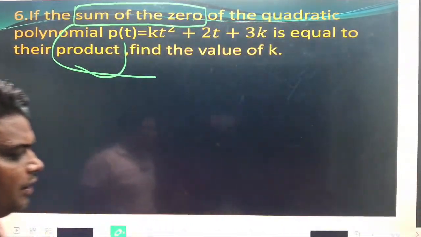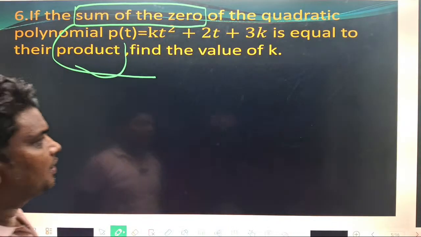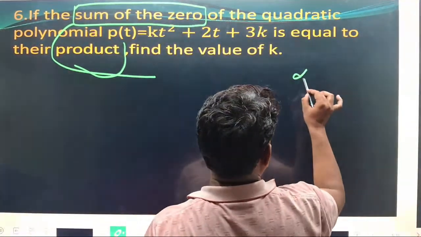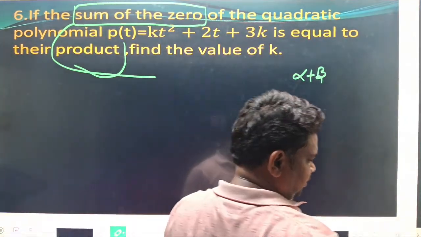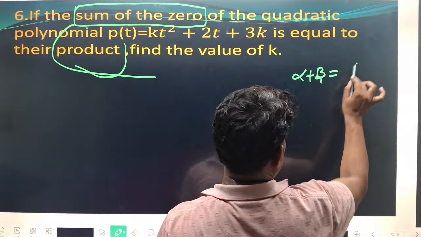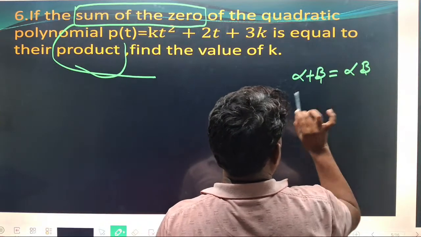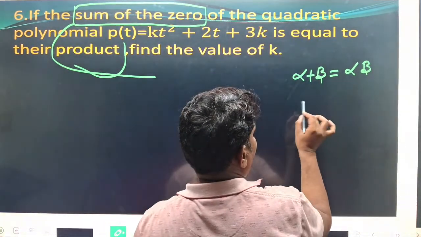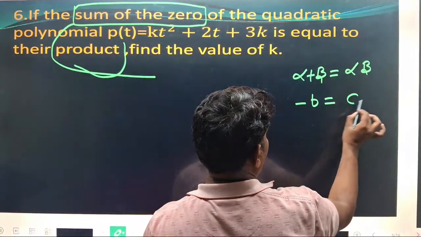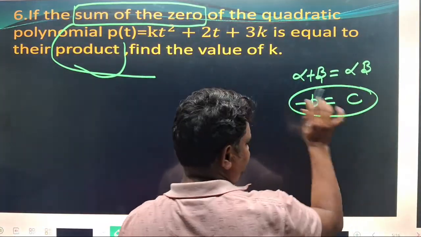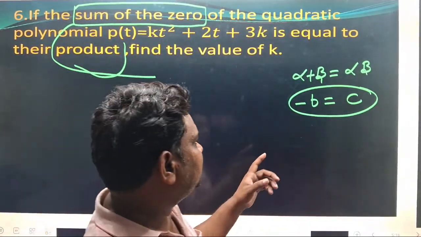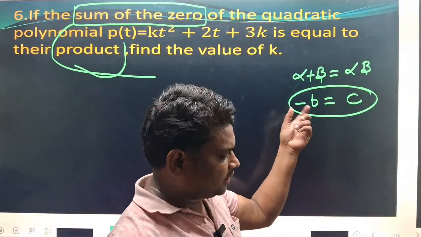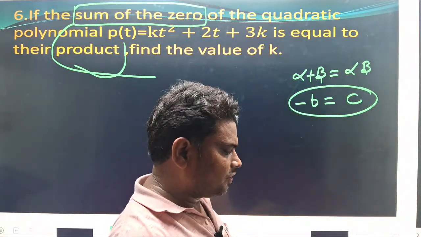In this case, if alpha plus beta is equal to the product of zeros alpha into beta, then minus b equals c. That means the coefficient of x, with a minus sign, and the constant term are equal.